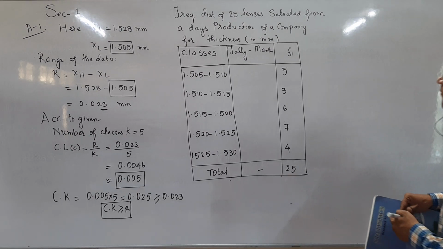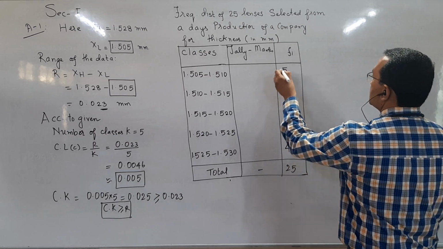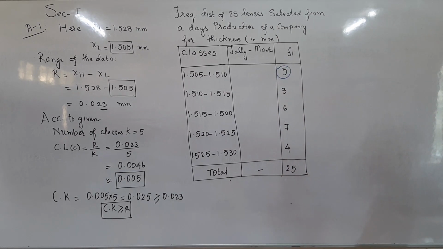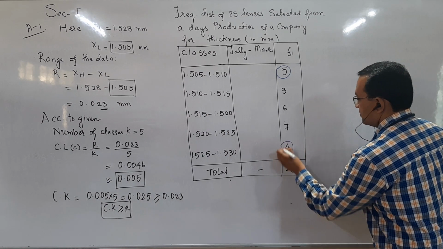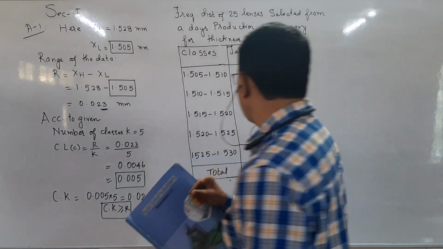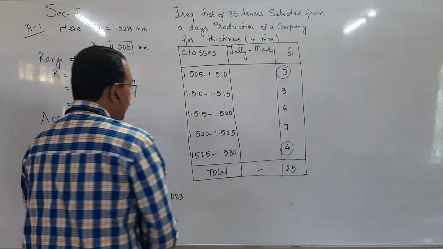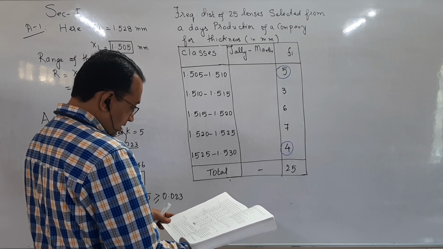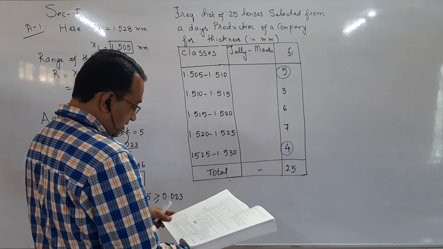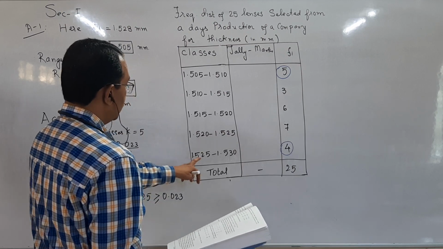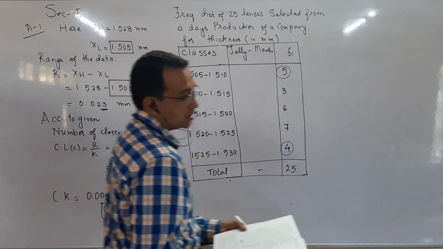Less than 1.510 is this, and more than 1.525 is this. As such, 1.525 is already included here, students, but I think we have to consider this as the upper limit, because more than 1.525 is, you can say, this particular frequency.